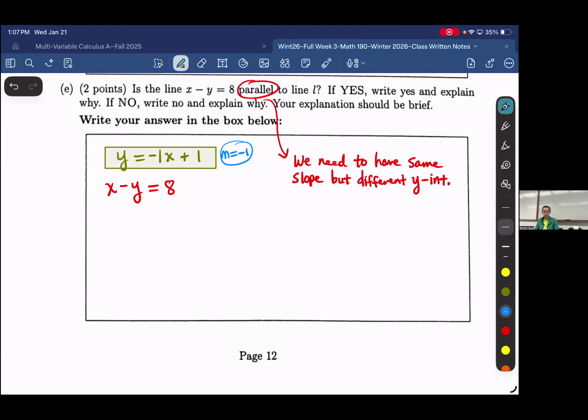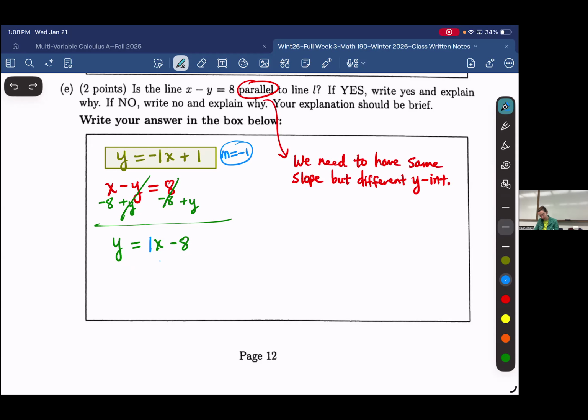If we can get our slope to be -1 for this guy, then we're good to go. Let's isolate our y. I'm going to add y to both sides and then subtract 8. So I'm looking at y is equal to x minus 8, which tells me that my slope here is what?